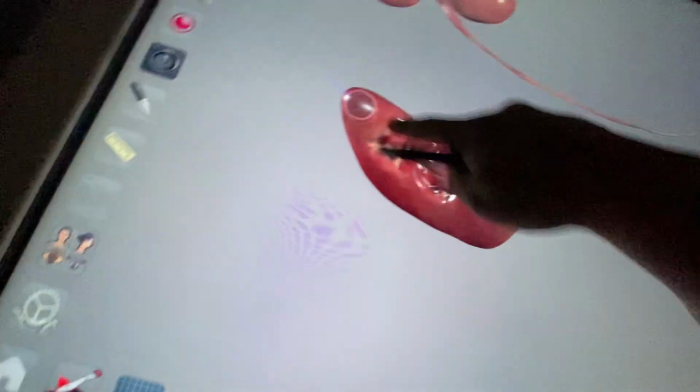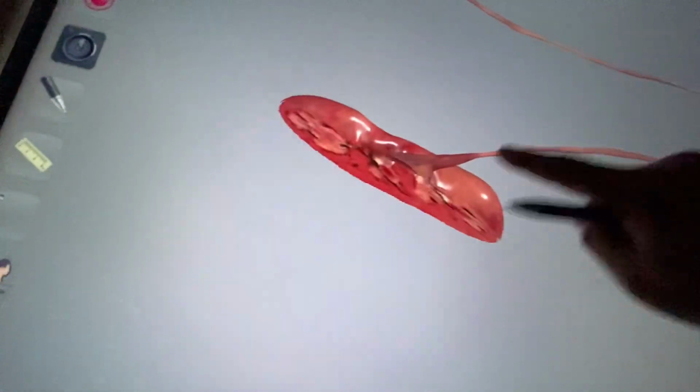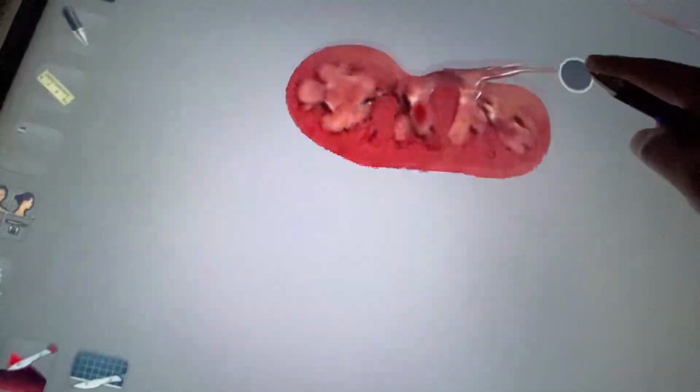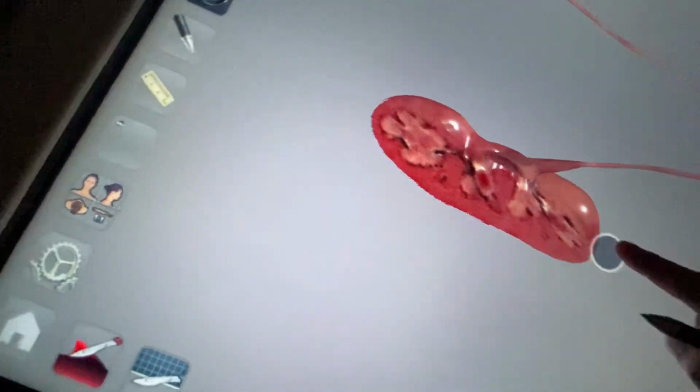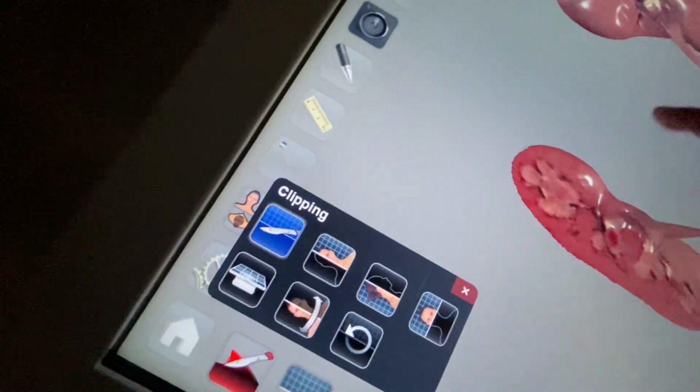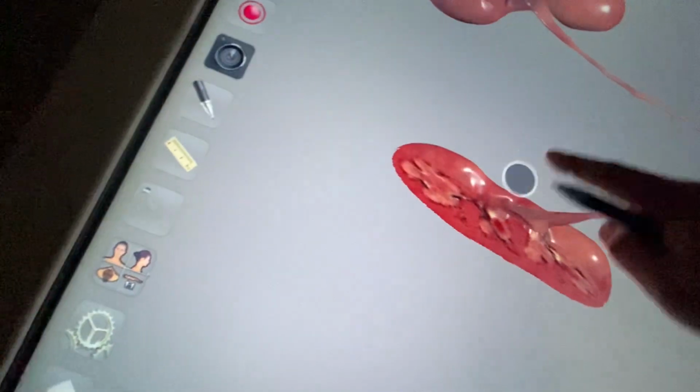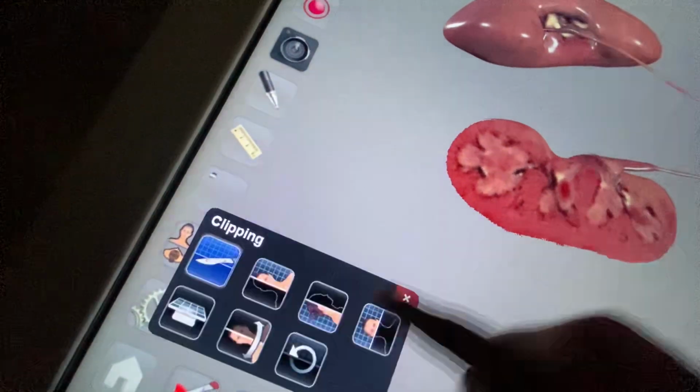And let's go last but not least, male reproductive. Let's look at male renal first. Let's cut this up. Not much better. Let's cut the other one up. Maybe it'll be better.